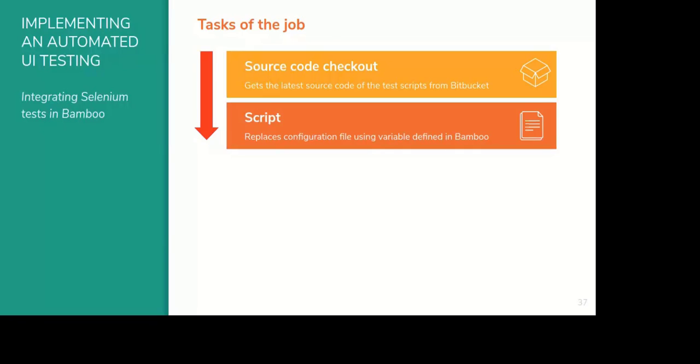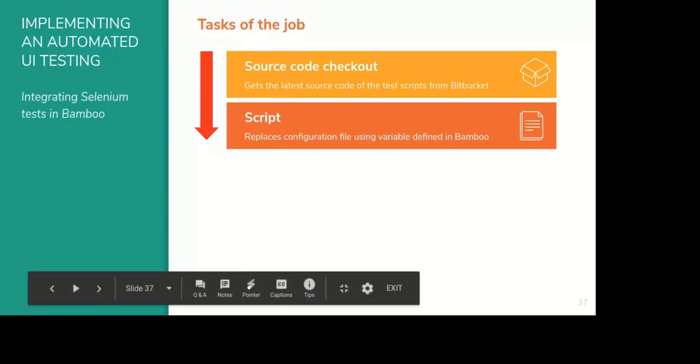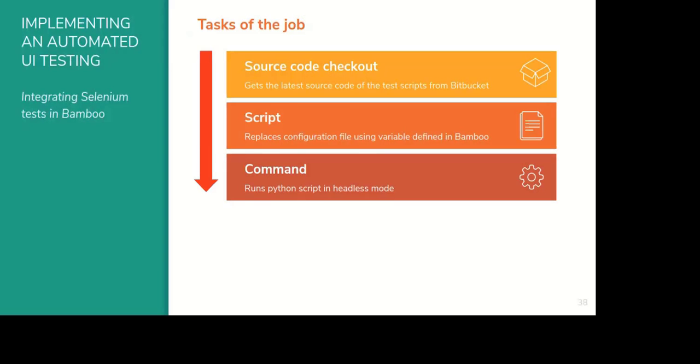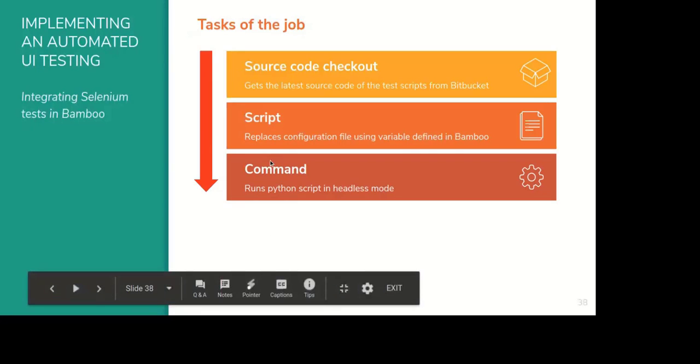In Bamboo, there is a way to define variables, so the task for this part is just to replace what you have defined in the configuration file. Let's say there is information that should not be specified in the code; there is a way to modify and get that specific variable that we have specified in Bamboo. And then the command itself to run the Python script in headless mode.